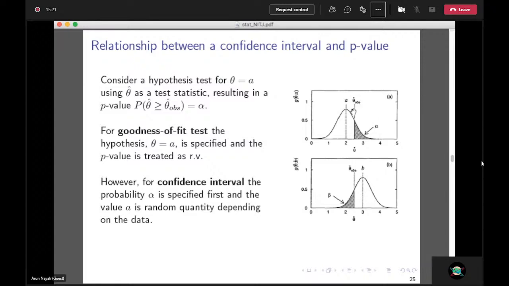So in that case, A was fixed, the hypothesis was fixed, and we calculated alpha. So alpha was the random variable that we calculated, which was our p-value. In the case of confidence interval, what is given is alpha. So we know at what confidence level we want to compute. So if we want to compute, say, a 95% confidence interval, alpha is 5%.